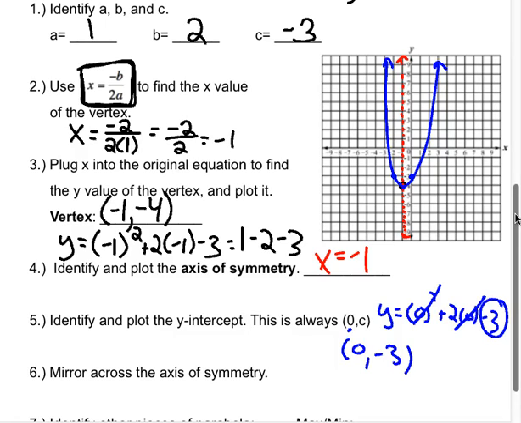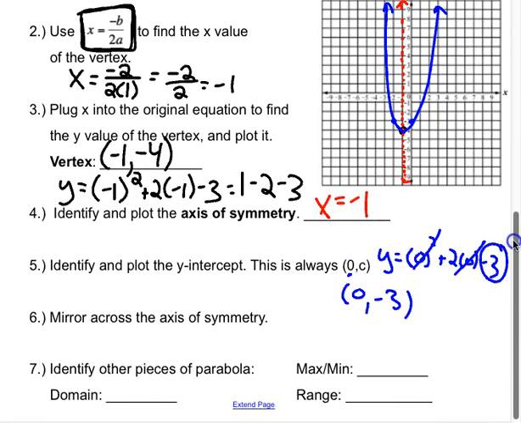Okay, so again, still not that bad. It's just a different technique that we have to remember in order to graph this. And then, just like before, we have those additional pieces we want to find. For example, my vertex is the bottom of my graph, so it's the minimum value, and the minimum value is -4.